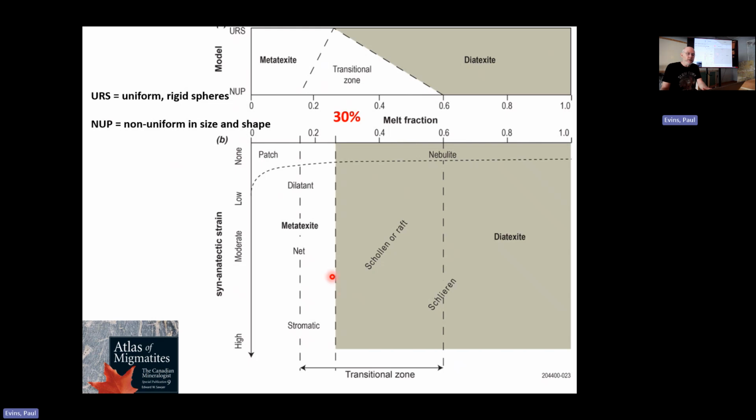I'll show pictures of this and go in detail in a minute. The diatexite variety, in no strain, you have what they call a nebulite, looks kind of like a granite. When you have moderate strain, you can get schollen or raft migmatites, diatexites, and at high strain, you form things called schlieren, which are just like little streamers of biotite, for instance. And I'll show you pictures of all of these.